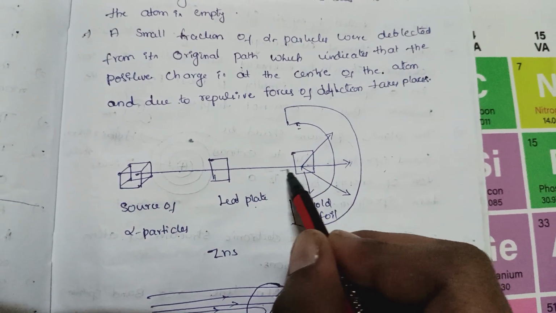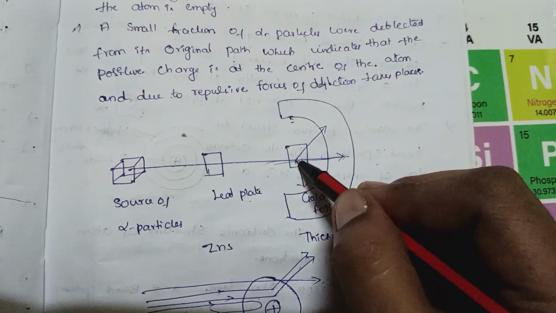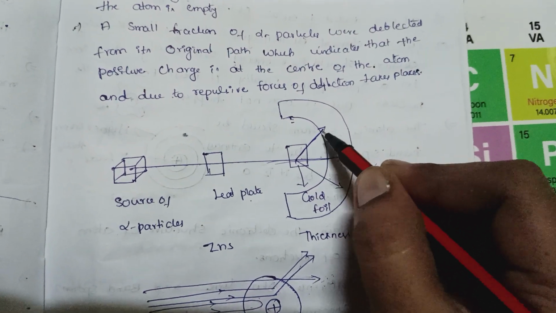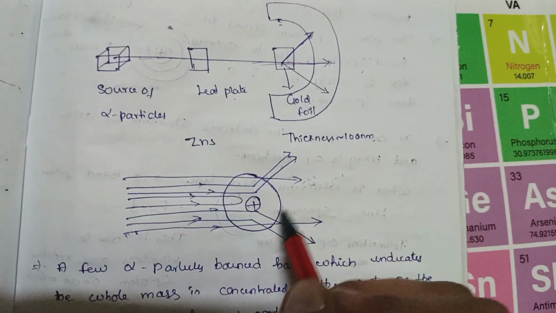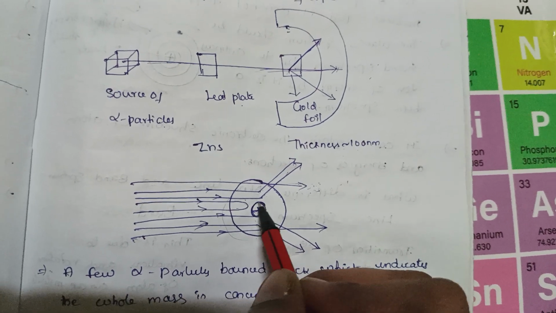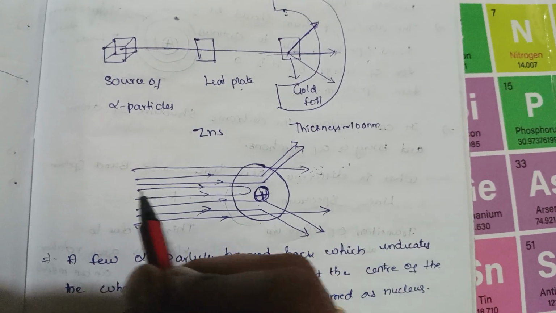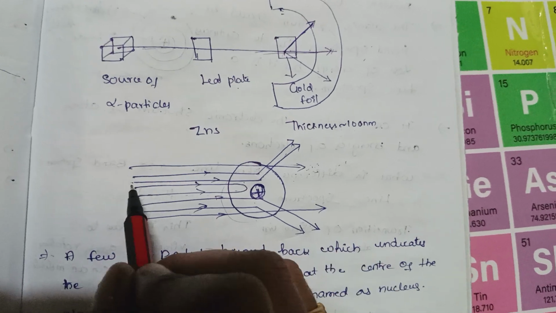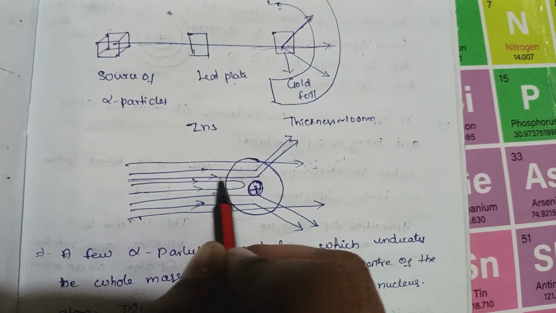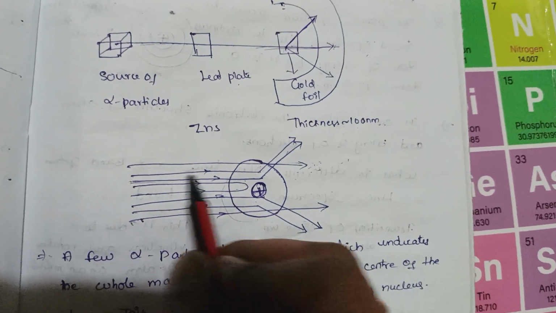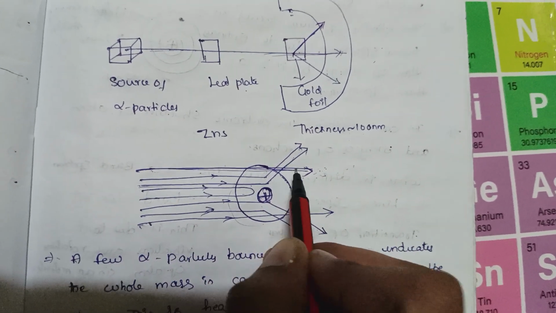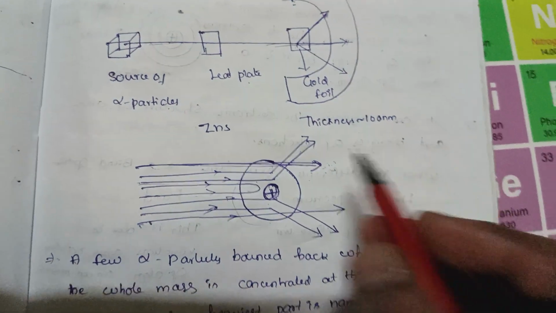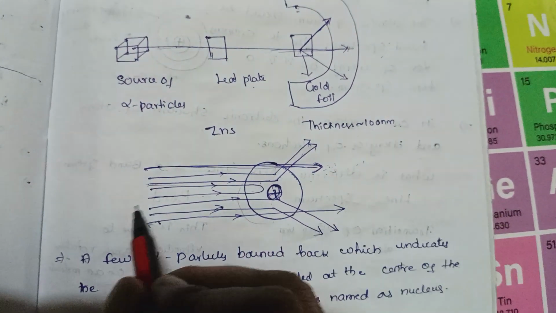Whenever alpha particles pass through the foil, most of the alpha particles pass through the foil without any deflection. Some rays are deflected, and some rays bounce back. If we observe an atom, this is the nucleus. The nucleus has positive charge, and most of the alpha rays pass through the gold foil in a straight line, without any deflection.